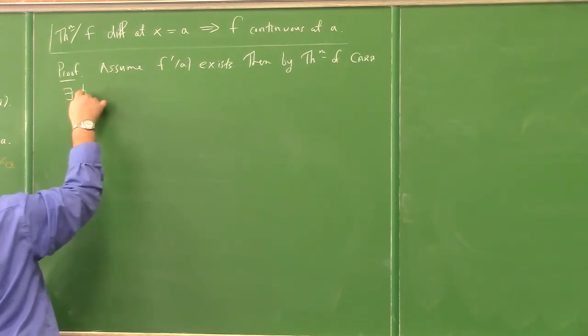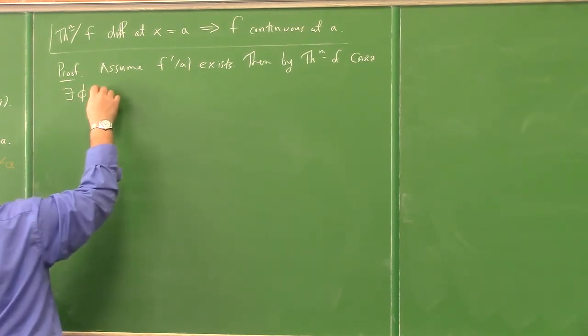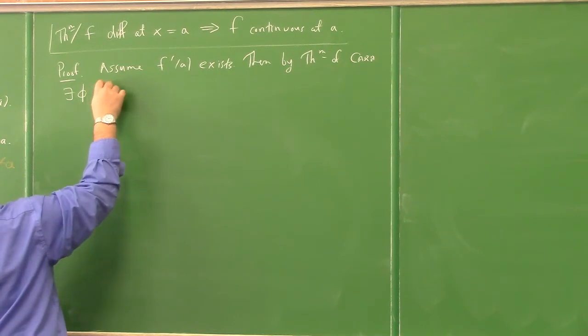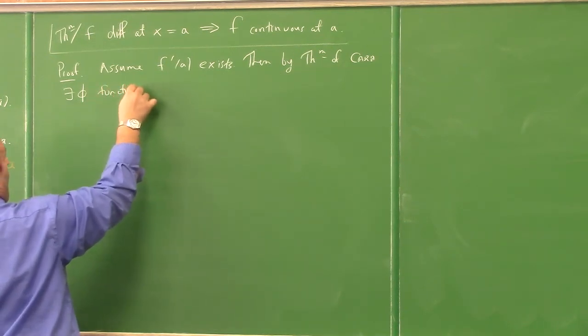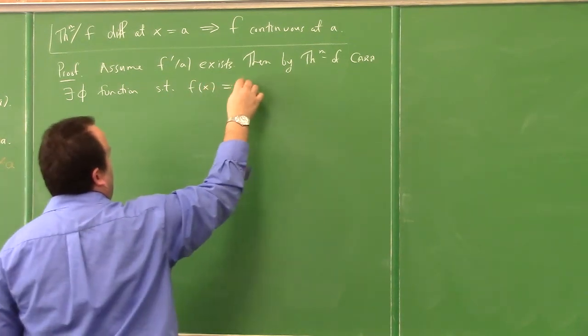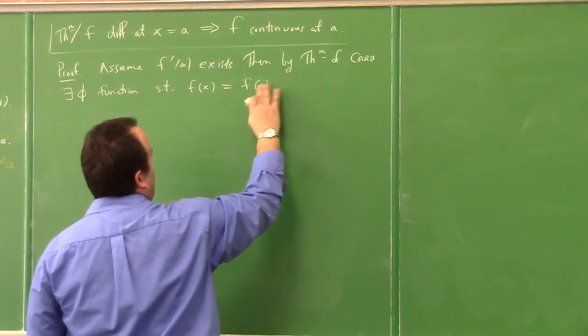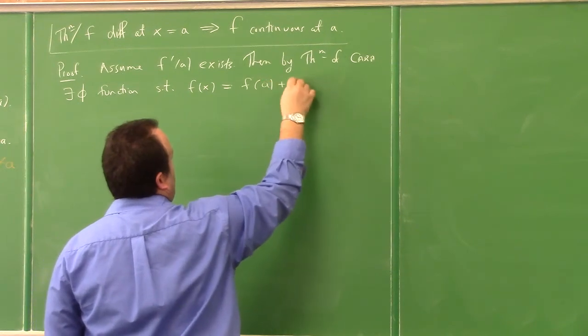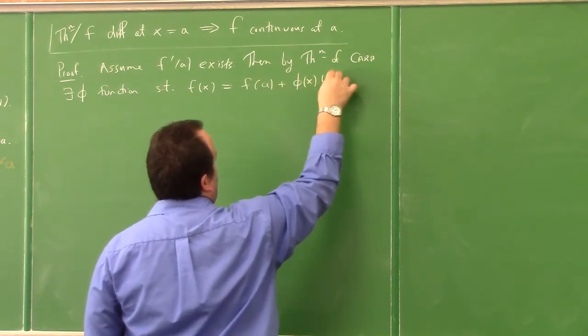there exists a function phi such that f of x equals f of a plus phi of x times x minus a.